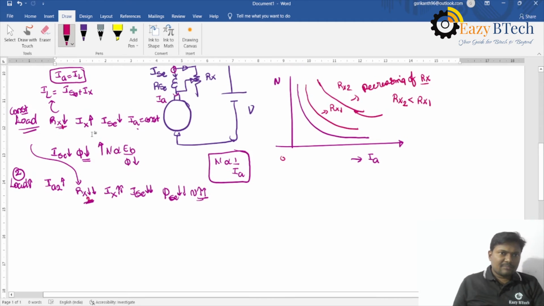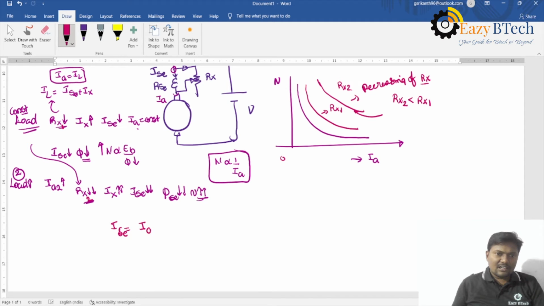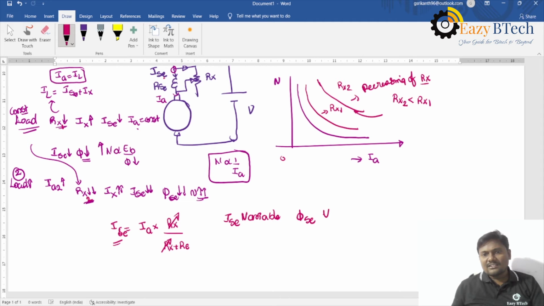Simply, if you apply the current division rule, the current flowing through the series field winding is equal to the total armature current into the opposite resistance Rx divided by Rx plus Rsc. If Rx is variable, the current flowing through the series field winding is also variable, the flux produced by the series field winding is also variable, and the speed is also varying.